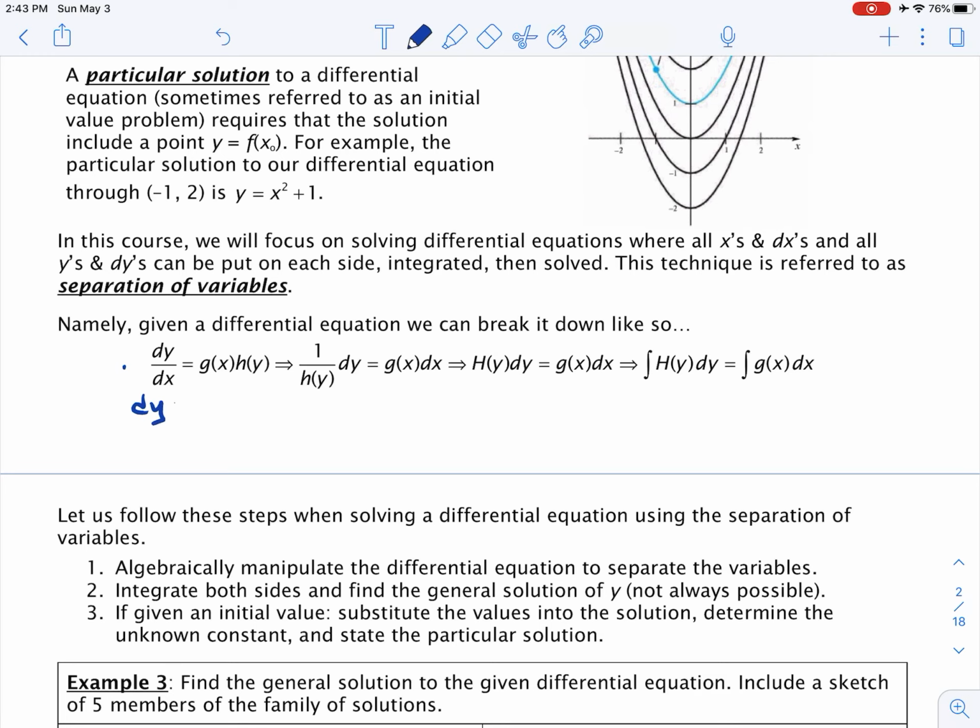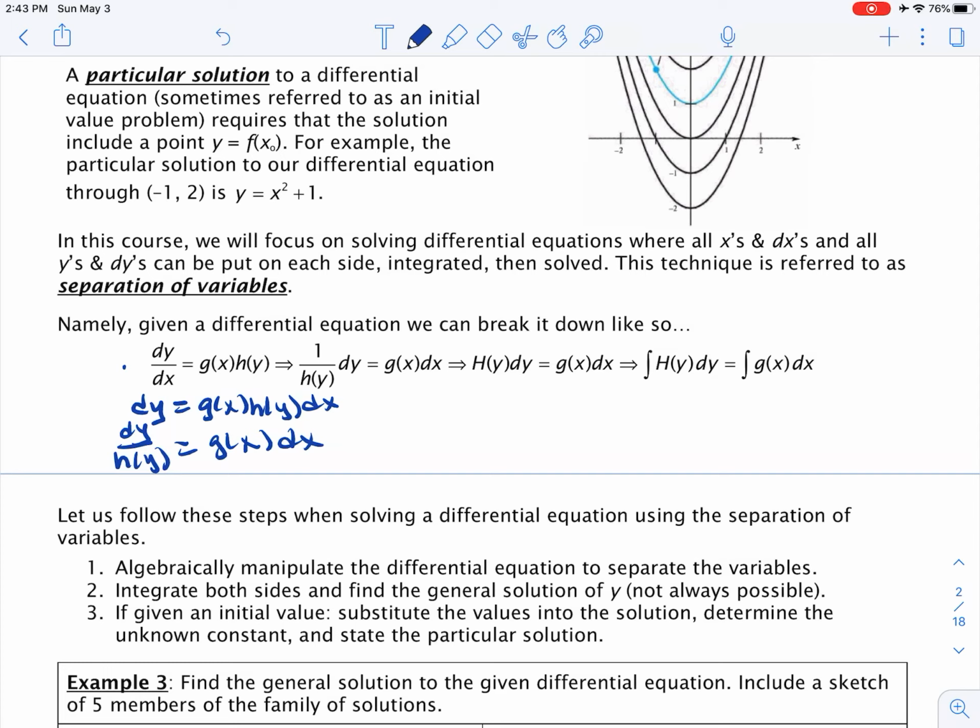So I would get dy equal to g of x h of y dx, and then I know to put h of y on the other side, so I would get dy over h of y equal to g of x dx, and then I would have completely separated the variables to either side of the equation.